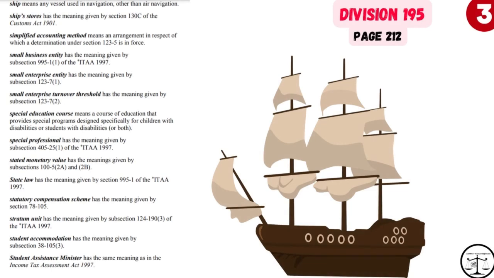Next page is page number 212, word number 11. Ship. 12. Ship stores. 13. Simplified accounting method. 14. Small business entity. 15. Small enterprise entity. 16. Small enterprise turnover threshold. 17.